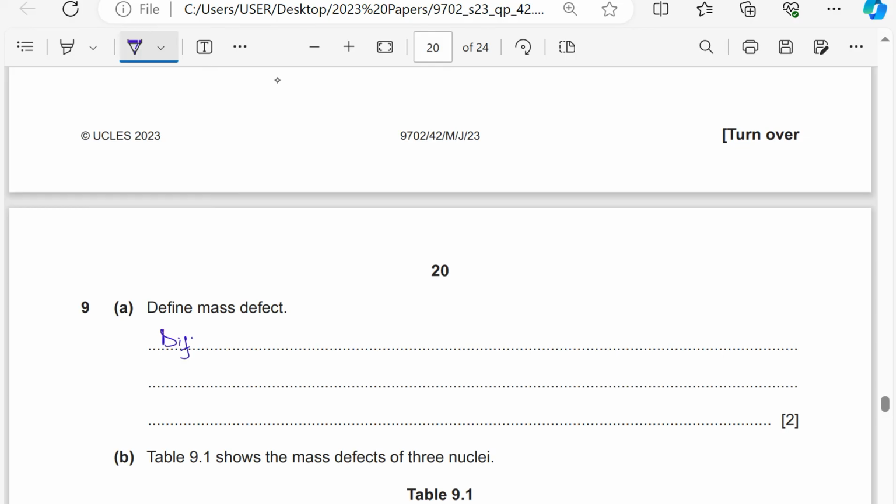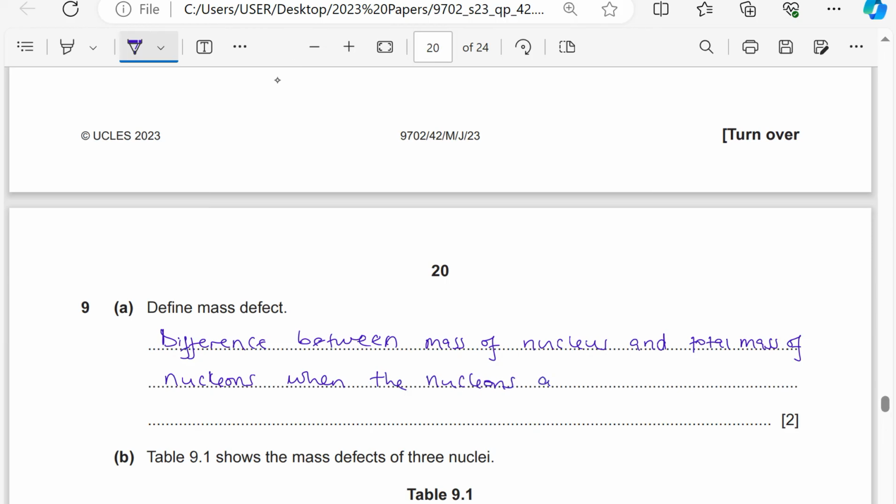So this is simply a difference between the mass of the nucleus and the total mass of the nucleons when the nucleons are separated to infinity.